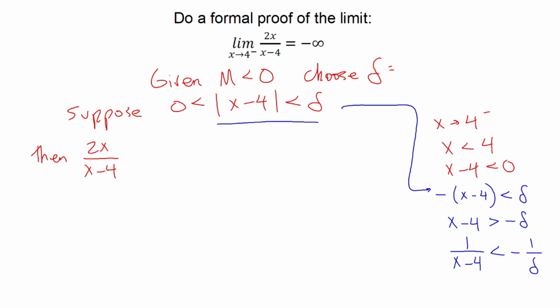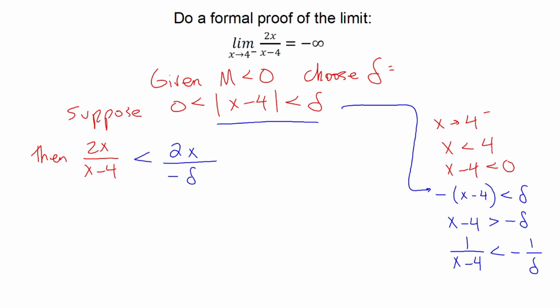So now I can replace this with less than 2x over negative delta. And we just then need to figure out what is 2x less than, right?